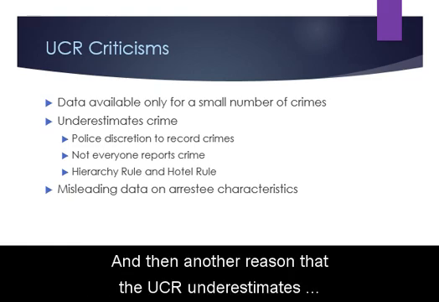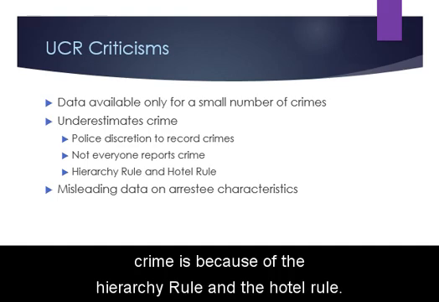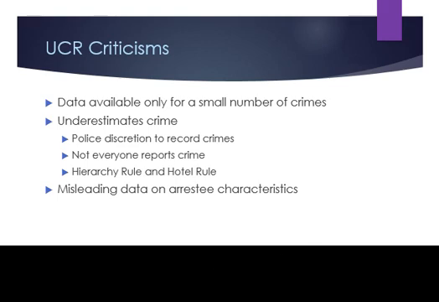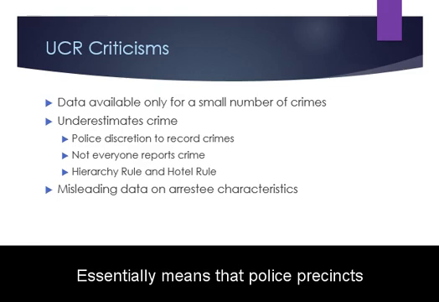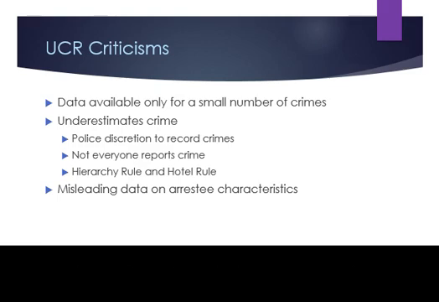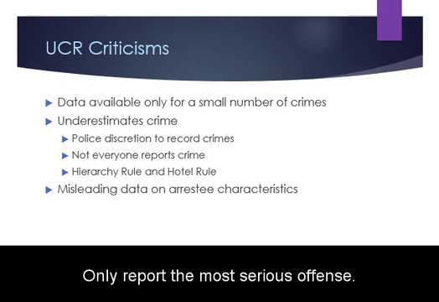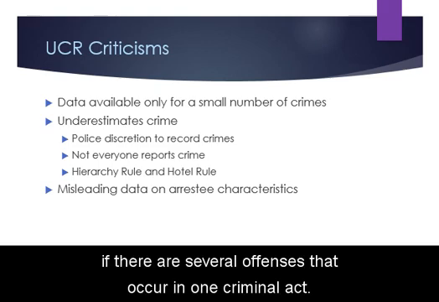Another reason that the UCR underestimates crime is because of the hierarchy rule and the hotel rule. The hierarchy rule essentially means that police precincts only report the most serious offense if several offenses occur in one criminal act.